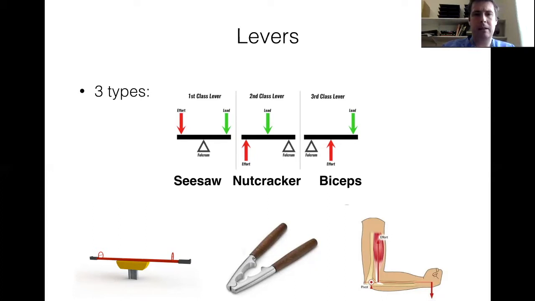If we look at a second-class lever, a good example of this is the nutcracker. The force is applied at one end, the load is the nut in the middle, and the fulcrum is at the far end. And finally, the third-class lever is where the force is applied in the middle, with the fulcrum at one end and the load at the other. A good example of this is the function of the biceps muscle.